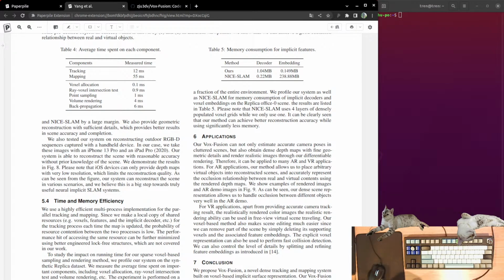Maybe there's some trade-off there where they could use lower precision to do this faster. Yeah, this is huge. Because they have a sparse voxel grid, their embedding is much smaller.